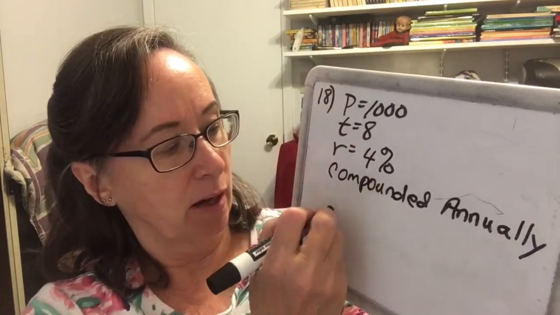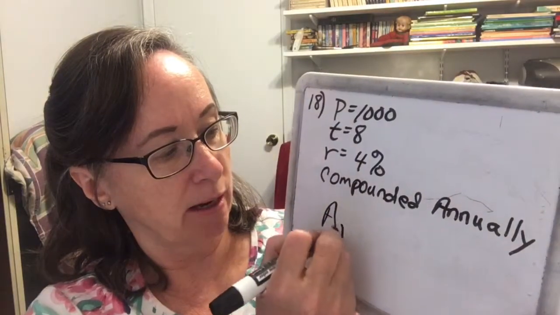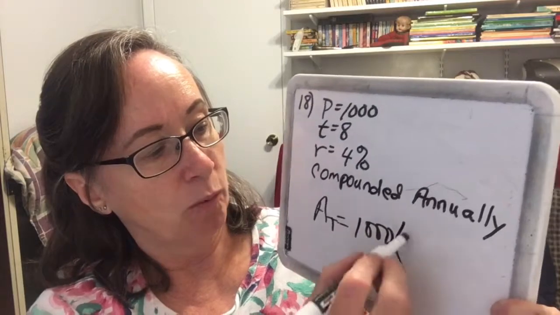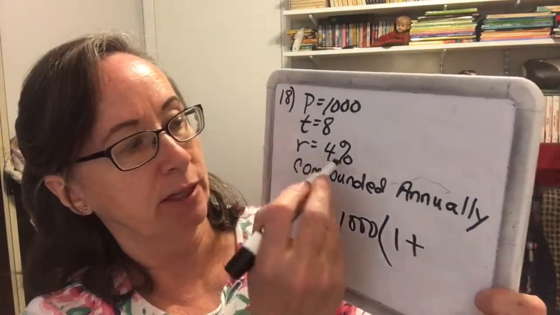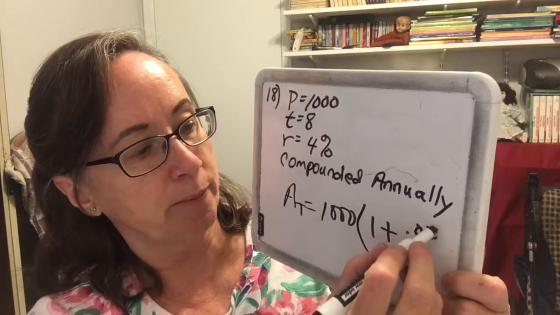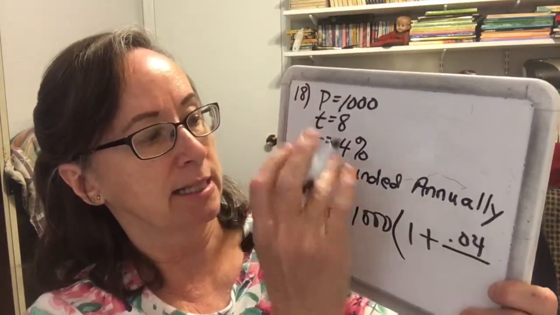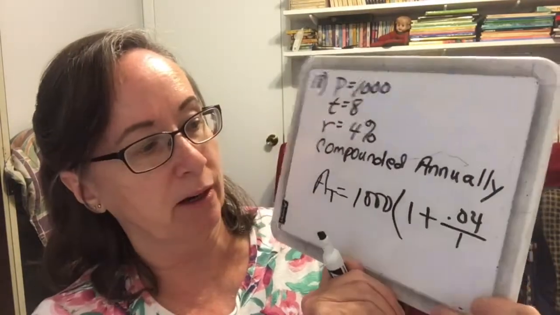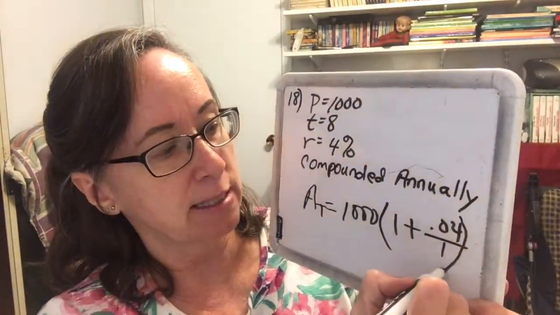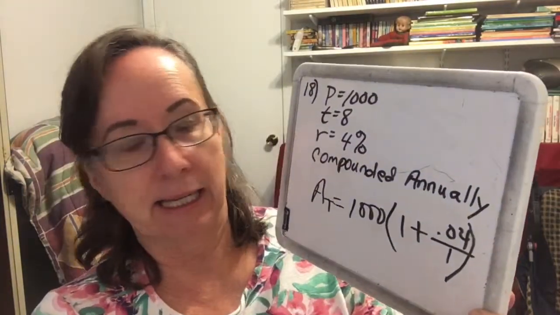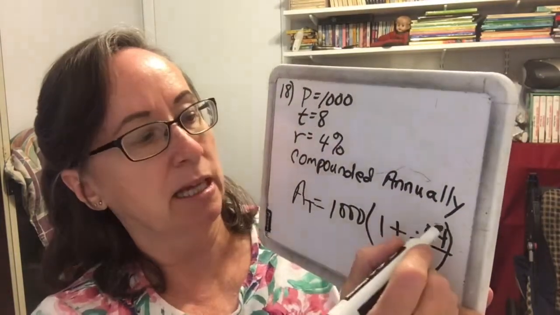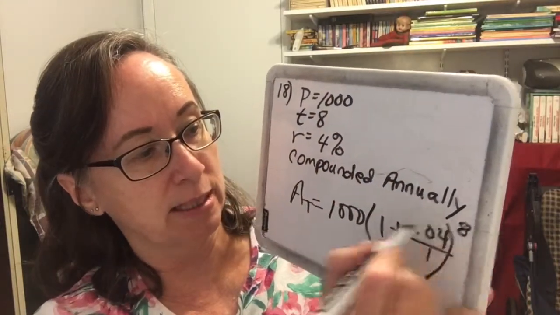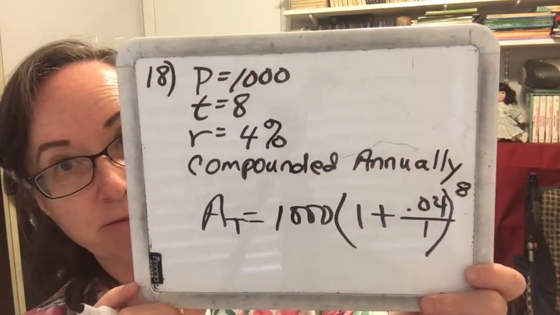We have the amount after time will be the principal, which is 1,000. 1 plus, and then our rate of interest is going to be 0.04 over, since it's annually, it's just going to be a 1, which we don't really even have to put there, but we will just for consistency. And then since we have an nt over here at the end, the 1 is not going to make a difference, and the t is just 8. So 1 times 8 is 8. So that should be your formula.